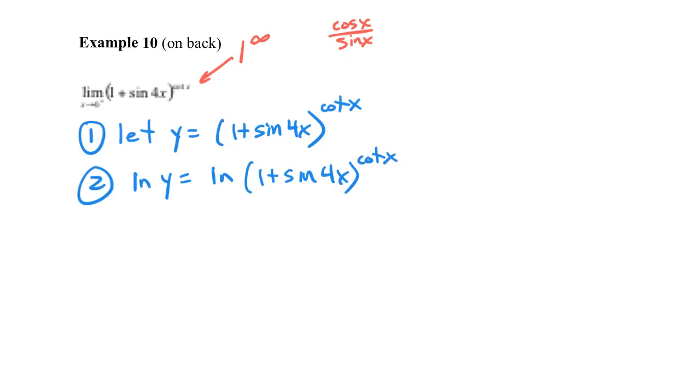And the whole reason we do that is because then we can bring this down. So we say that the natural log of y is equal to cotangent of x times the natural log of 1 plus sine of 4x. That's exactly what we did last time, and this will work on every one of these indeterminate powers.